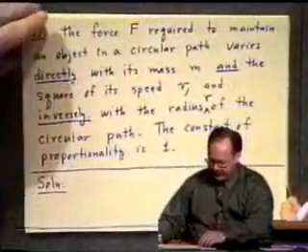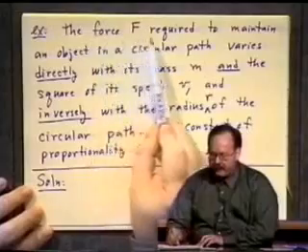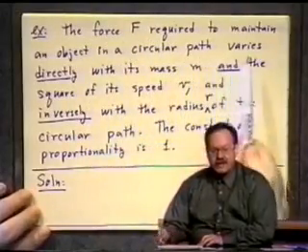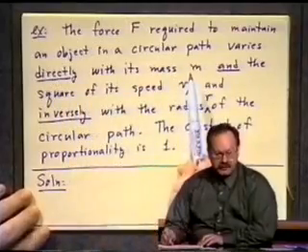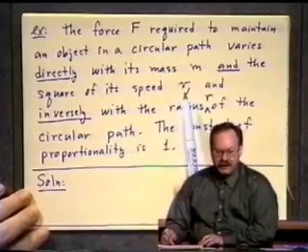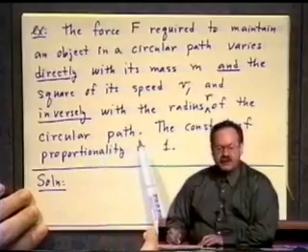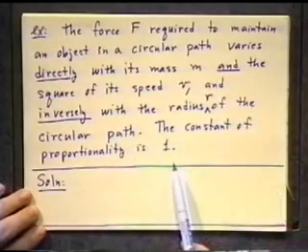Here's another one. These take a bit to write out. That's why I've written it out beforehand. Here we have the force F required to maintain an object in a circular path varies by experiment directly with its mass and the square of its speed v. And it varies inversely with the radius r of the circular path. And we're given that the constant of proportionality here is 1.